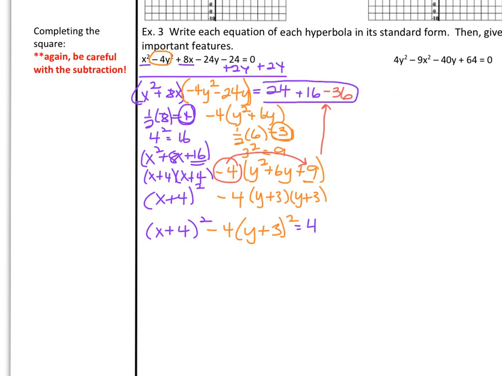Now, in the form that we're currently in, we know it's a hyperbola because it's a subtraction between the quadratic terms. However, the other part of the definition is that it needs to equal 1 on the right-hand side. To get that, whatever number is on the right-hand side, we have to divide. And if we divide that on the right, we have to divide both terms on the left.